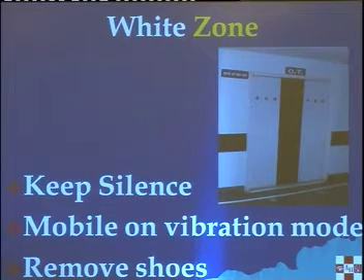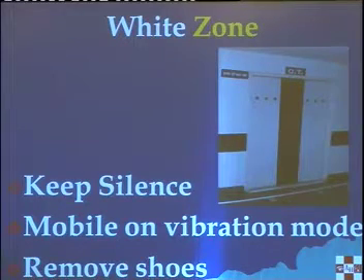Every operation theater, a very simple thing that you can do, I do not know whether you know it or not, has to have 5 zones. If you do not have 5 zones, it means you are breaking your OT discipline or your OT requirement at some stage or the other. As soon as you are trying to enter the operation theater, there is a white line, called the white zone.